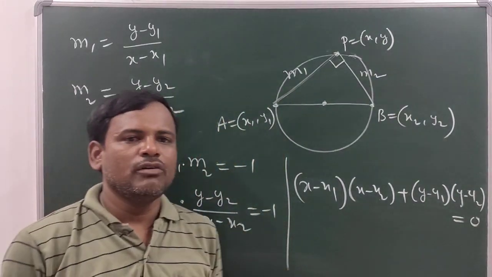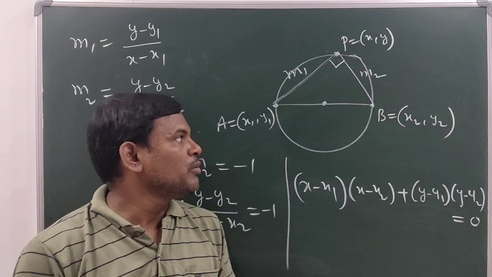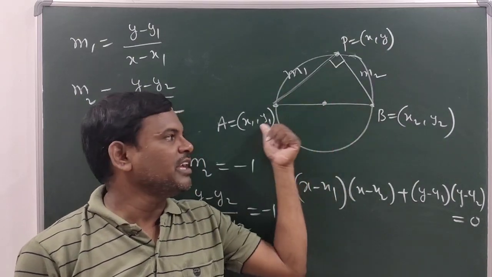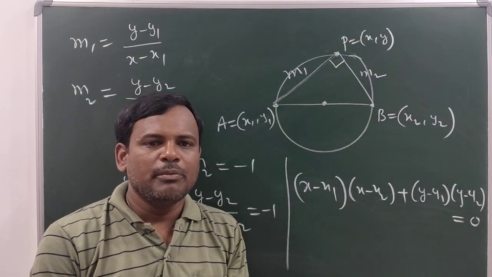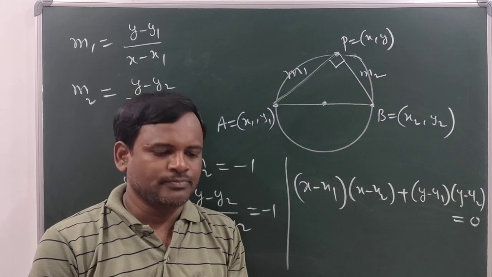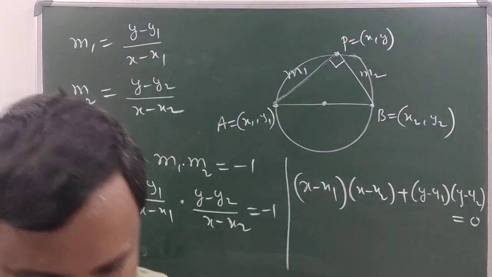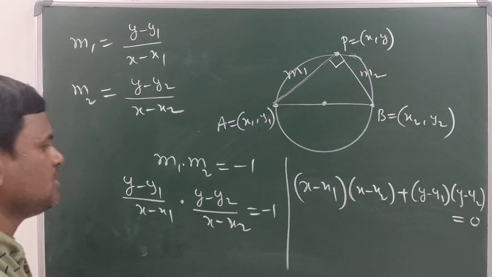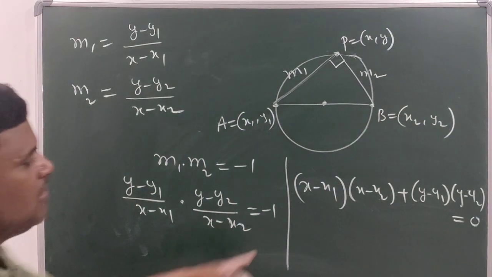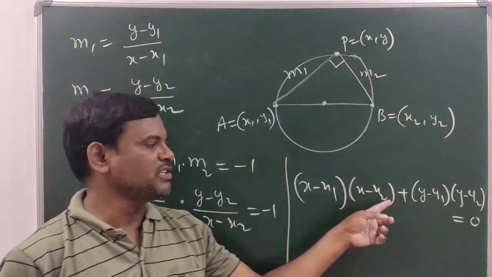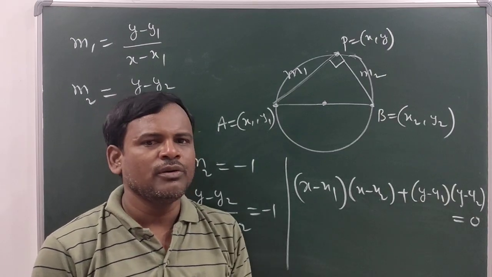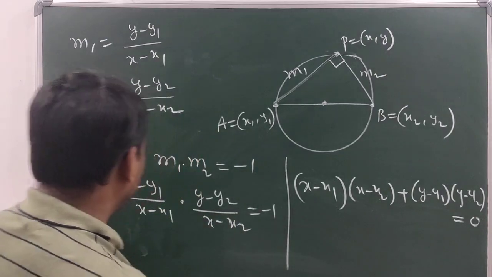So this formula we have to apply to get the equation of the circle when the extremes of the diameter are given. Right? Next, see the formula x minus x1 into x minus x2 plus y minus y1 into y minus y2 is equal to 0.